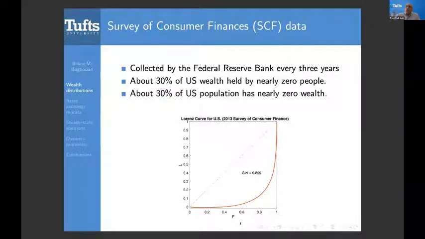Remember, this is cumulative. It's not until about 27, 30% somewhere in there that you have a net wealth of 0. So the lowest 30% have a net wealth of 0. By the way, that doesn't mean they all live in poverty. Somebody who recently graduated from medical school and has lots of student debts might register as having negative wealth here, according to the way that the SCF collects data.